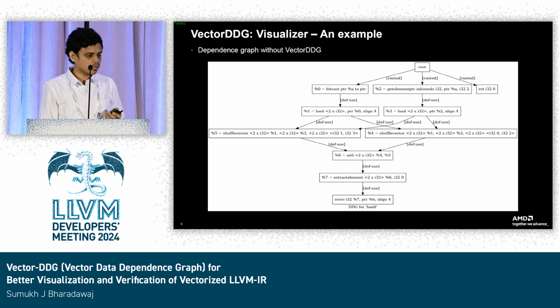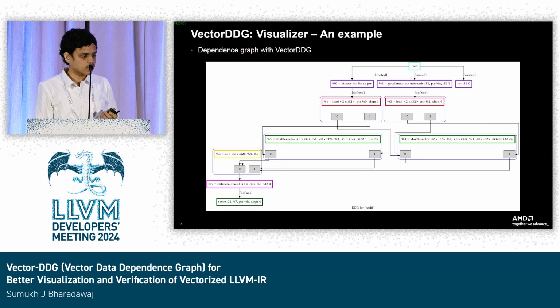Neither do we get information about the lanes from which the extract elements derives its values. However, now consider the graph that our pass produces. We can clearly see a lane-by-lane dependence between the instructions as well as the data flow which is clearly represented, making it easier for us to understand the vectorization that is happening here.